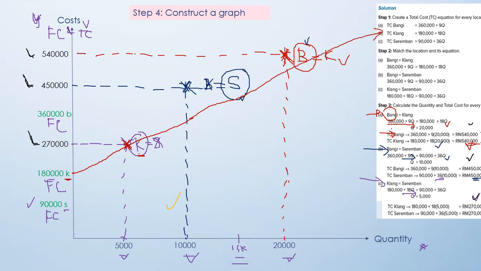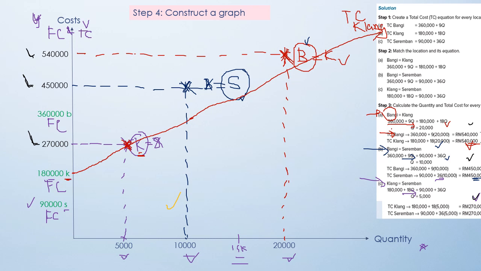This is called the total cost line for this location, that is Klang. So start with the fixed cost of Klang, you go and touch that intercept. So the first total cost line for Klang is done.